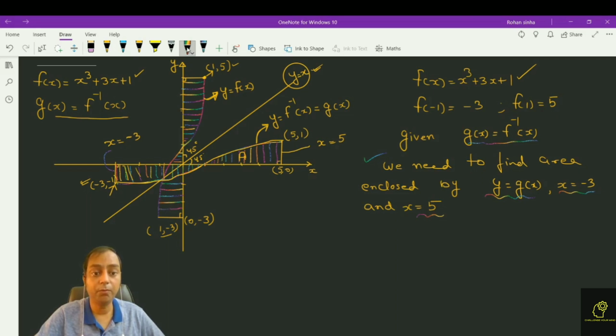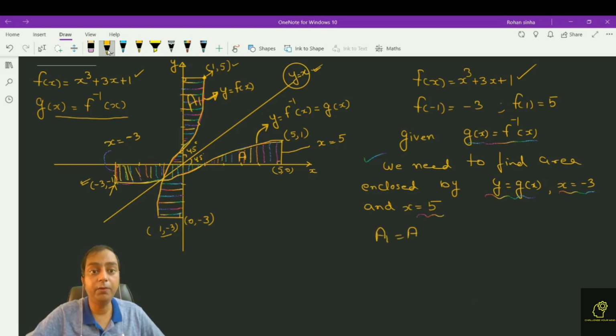So if this area is A1, by geometry we can say A1 = A.